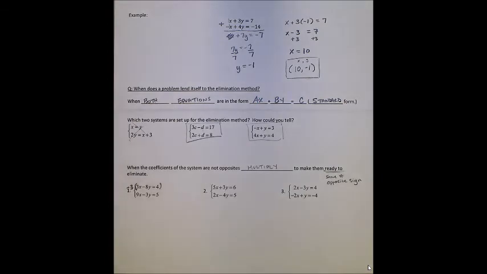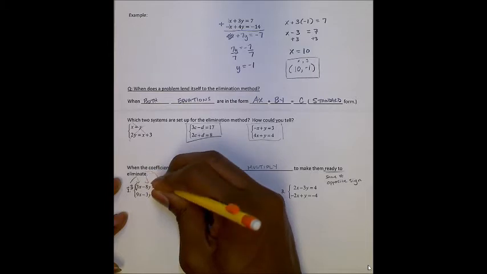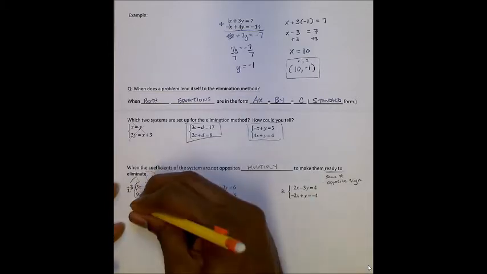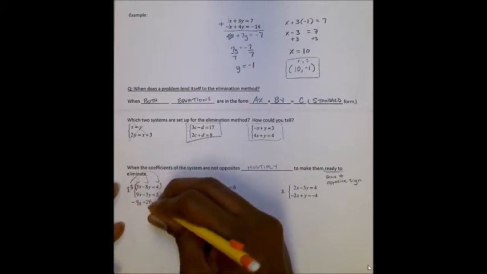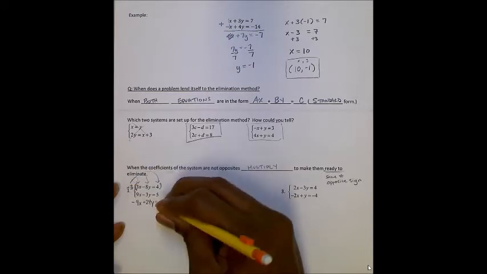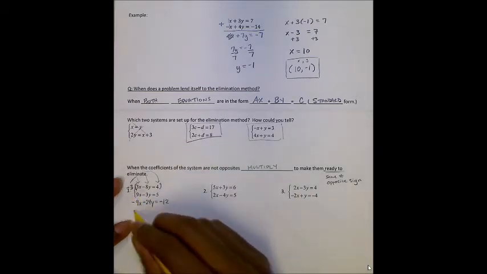And so now, if I multiply by negative 3, making sure I do that to the whole equation up there, I will have negative 9x plus 24y equals negative 12. And so now I'll use these as a system.